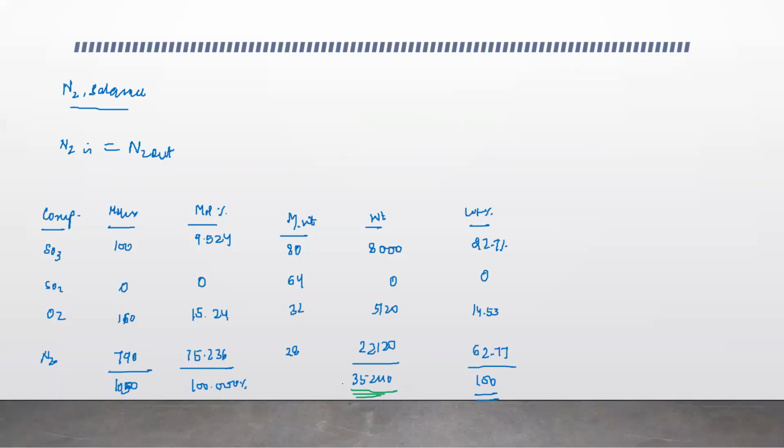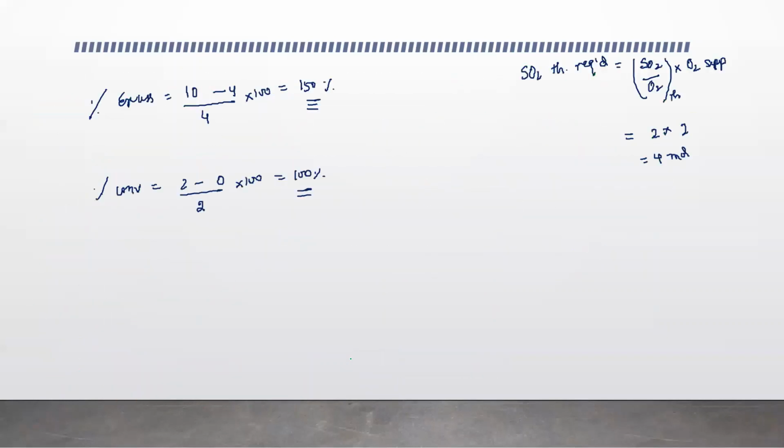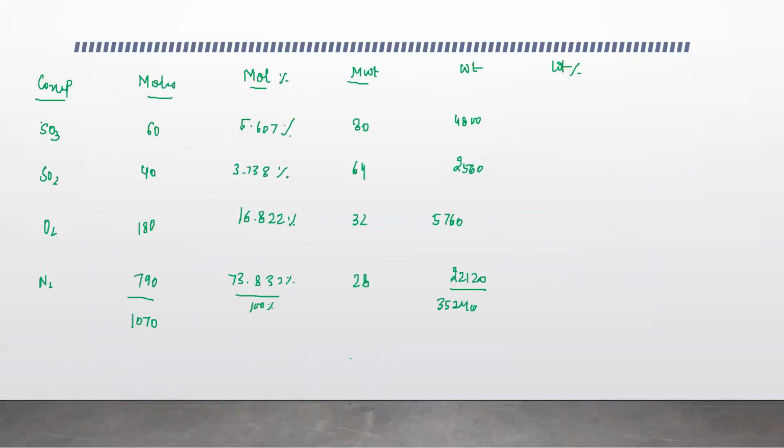So as you can see, when the composition of the exit was different, still the total mass of the exit was same as 35240. And you can see that over here as well, in this example, the total mass is same, 35240, right?